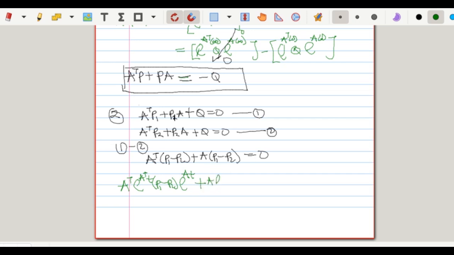So we are going to have A transpose exponential A transpose T into P1 minus P2 exponential AT, plus exponential A transpose T into P1 minus P2 exponential AT times A, equal to 0. You can see that this is the same thing as saying you are differentiating d/dt of exponential A transpose T into P1 minus P2 exponential AT equal to 0, because if you differentiate this function, you are going to have this.